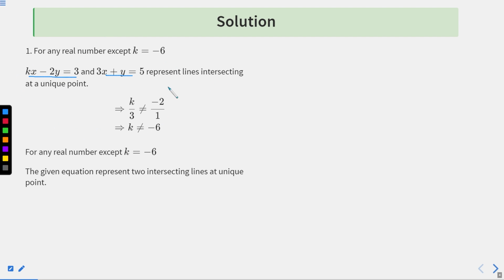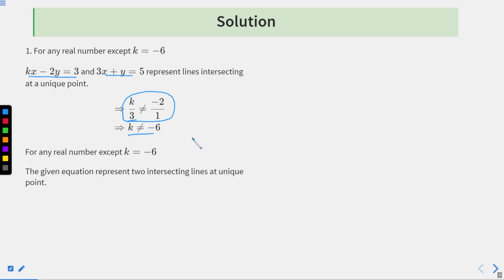Using the condition a1 by a2 not equal to b1 by b2, we get k by 3 not equal to minus 2 upon 1. Simplifying this, it implies k does not equal minus 6.